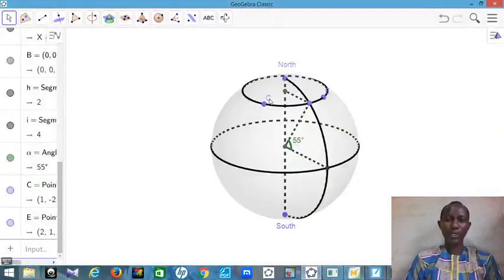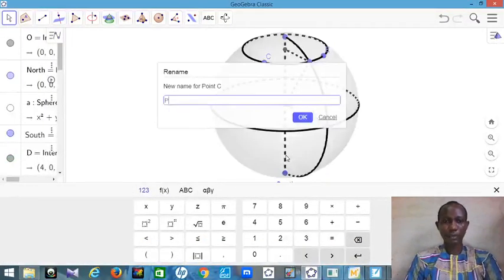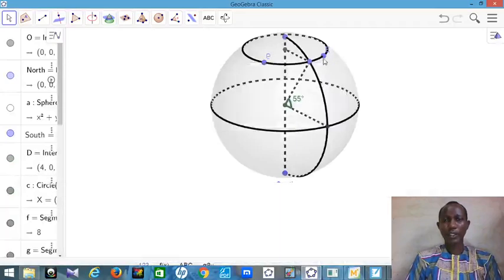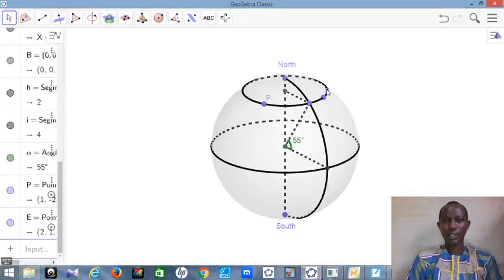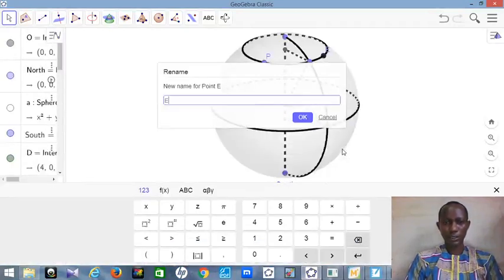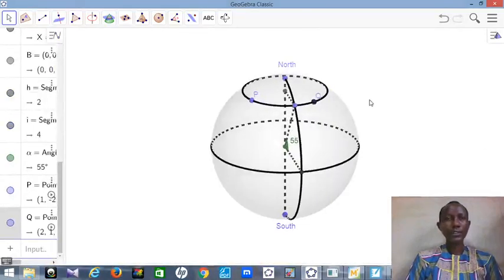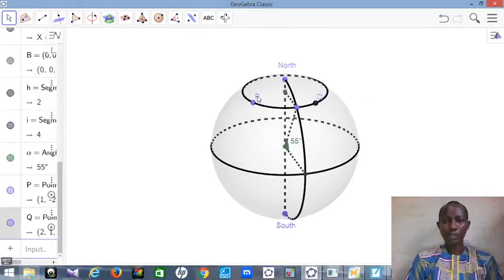The one towards west is called point P, then the one towards east is called point Q. So you can see it, these are our 2 points P and Q.